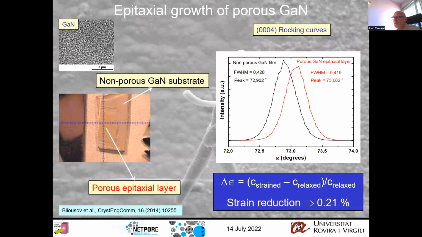Characterizing them from a structural point of view, here we have the rocking curves of the non-porous substrate and the porous epitaxial layer, and we observe that there is a reduction in the strain of the porous layer of 0.21% that, as we will see in a second, also has implications on the electrical and the optical properties of these materials.